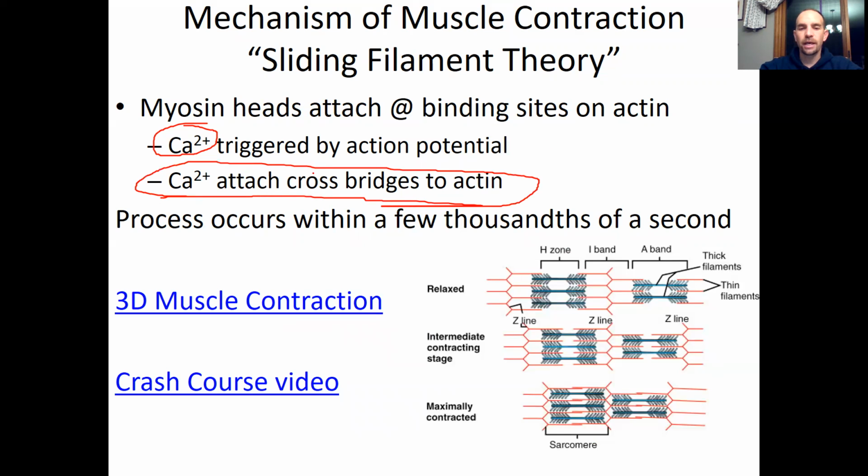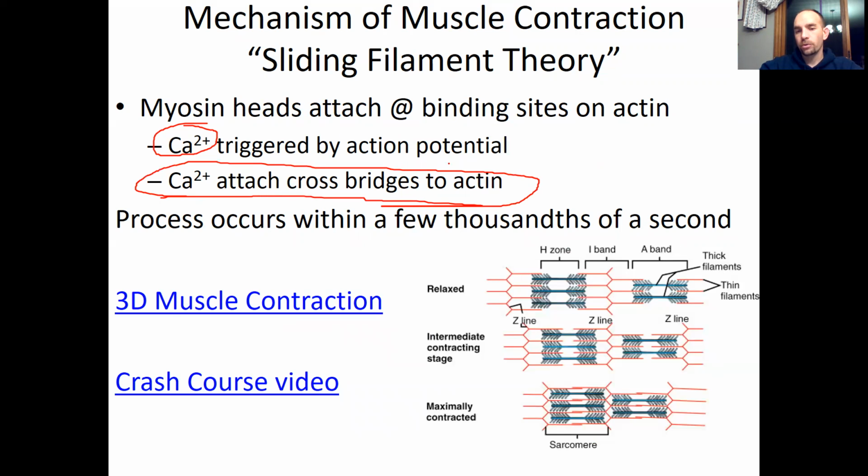Here it says calcium attached cross bridges to actin. What we mean by cross bridges is the myosin heads are now able to reach up and latch onto that actin to start pulling it. If we don't have calcium stored in the sarcoplasmic reticulum, then you're not going to have muscle contraction. That's going to cause some issues.